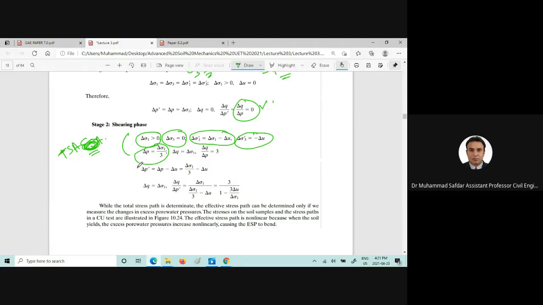In case of the effective stress analysis or the effective stress path, the delta Q over P prime relation would be different. Regarding stress path, we will have a discussion in a separate lecture or lectures. But for the time being, this would be for the total stress path, and this would be for the effective stress path, because we are subtracting the pore water pressure.